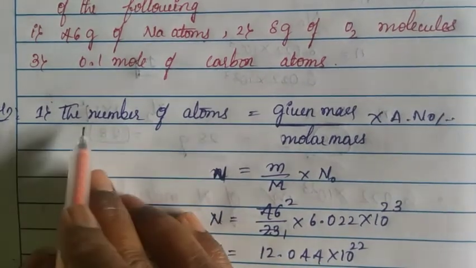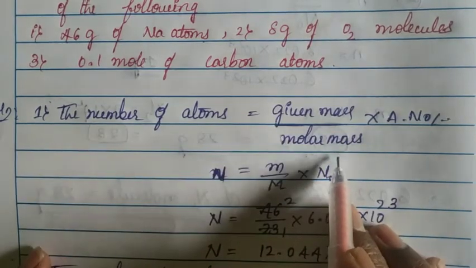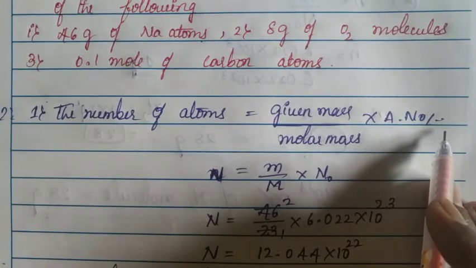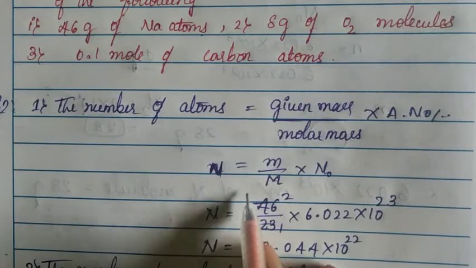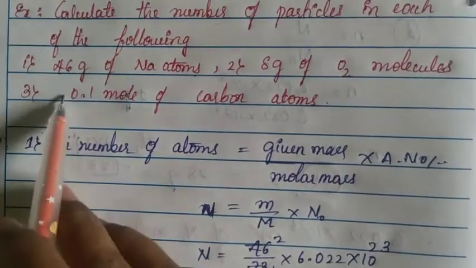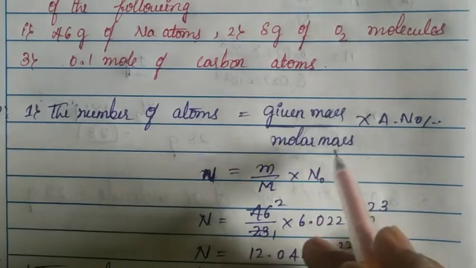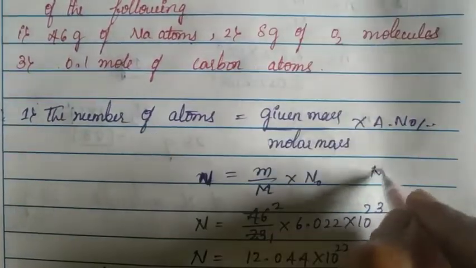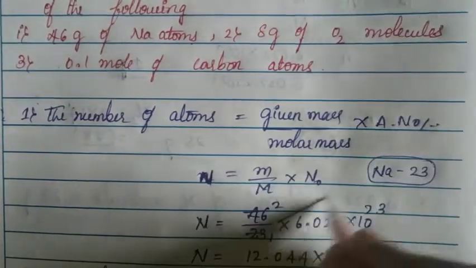Yes, solution. Number of atoms is equal to given mass divided by the molar mass into Avogadro number. In the first one, the given mass is 46 grams divided by the molar mass of sodium. We know, children, that the molar mass of sodium is 23. Now substitute that here.